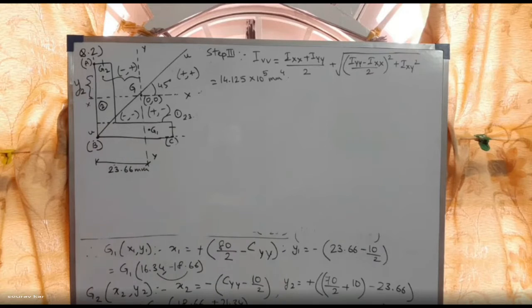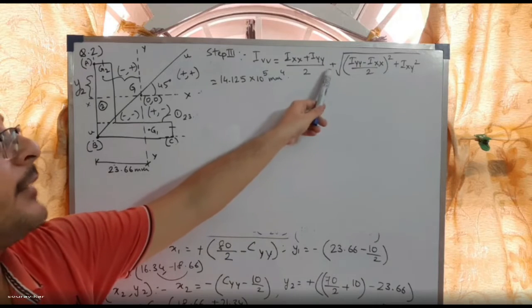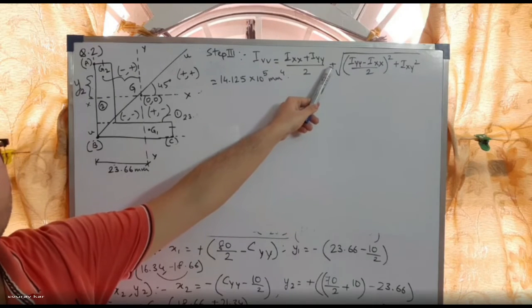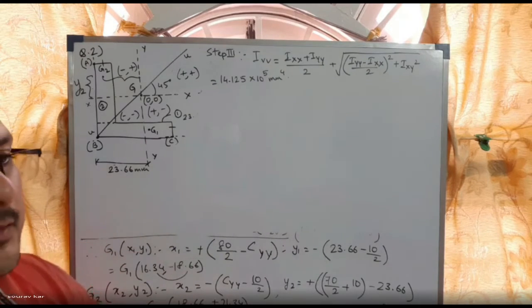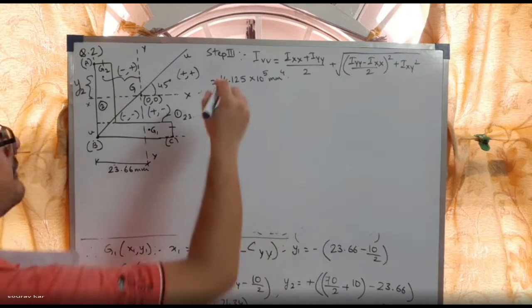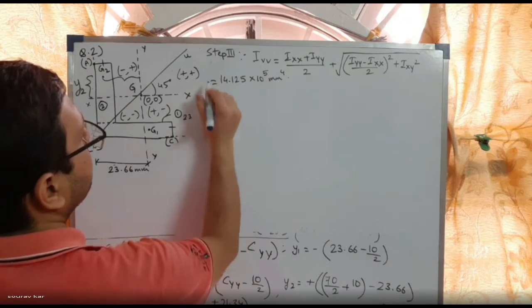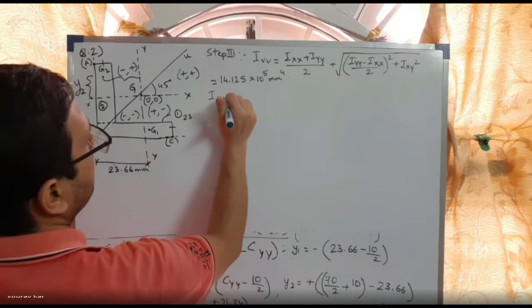You can find IUU or IVV. If you are interested to find out IUU, then you have to have minus. This becomes minus.